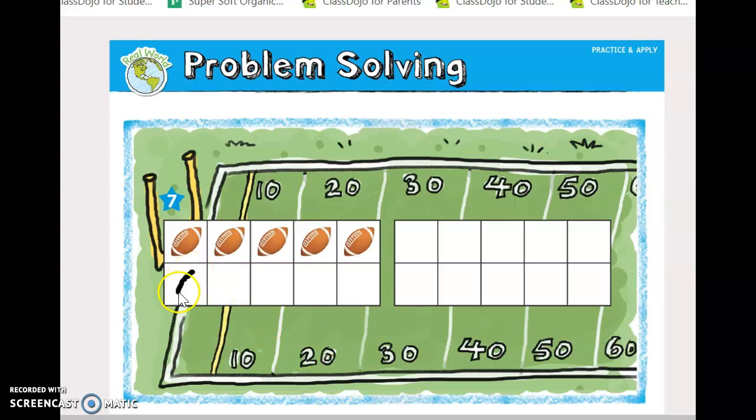I'm not going to be very good at football, but I'll try. All right, so now we have 10. So remember, to show 11, we need to make it 1 extra. All right, so that's showing number 11.